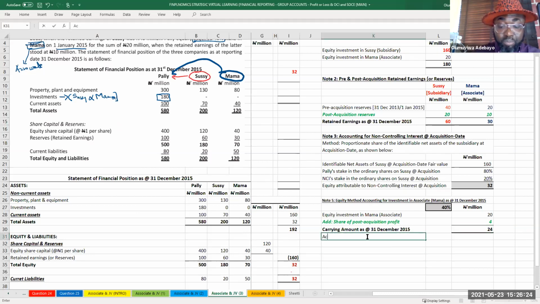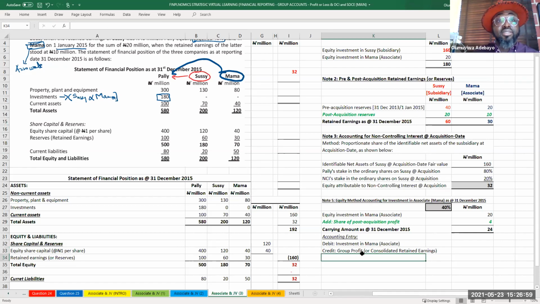And what is the accounting entry we need to pass to recognize this share of profits? Our accounting entry is to increase the investment and credits our profits, which invariably is consolidated into the retained what? Earnings.